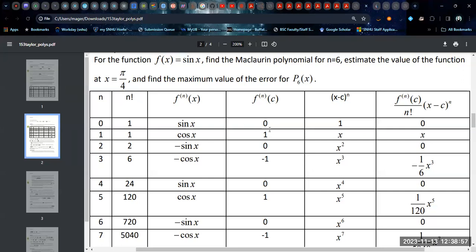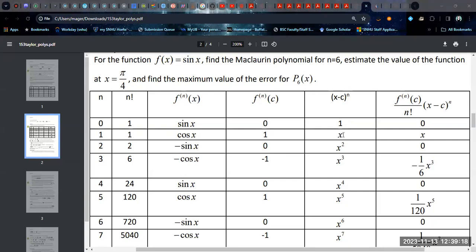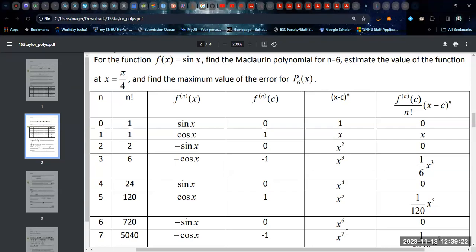So sine of 0 is 0, cosine of 0 is 1, sine is 0 again, negative cosine of 0 is -1. And again, you see this pattern get established with the sine and cosine functions. And then since we're centering it at 0, x to the 0 is 1, x minus 0 is just x, and so forth.